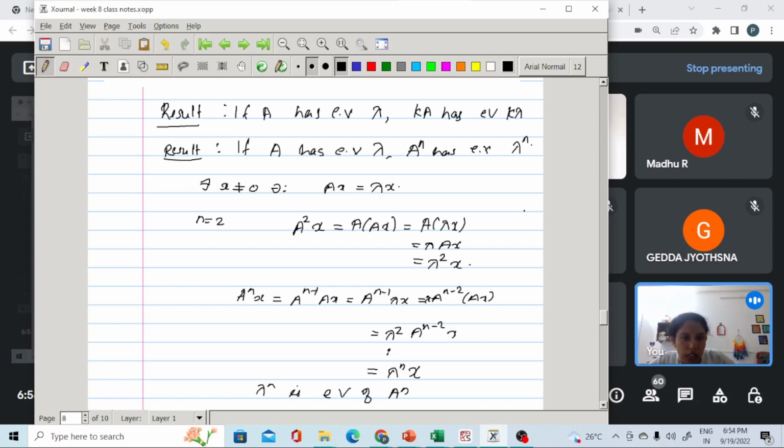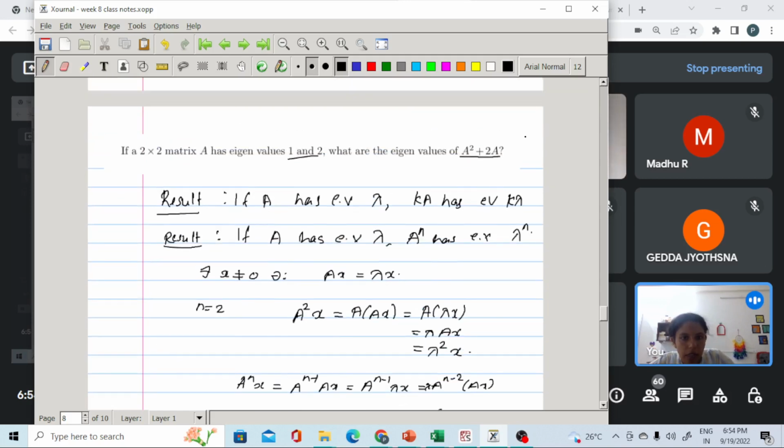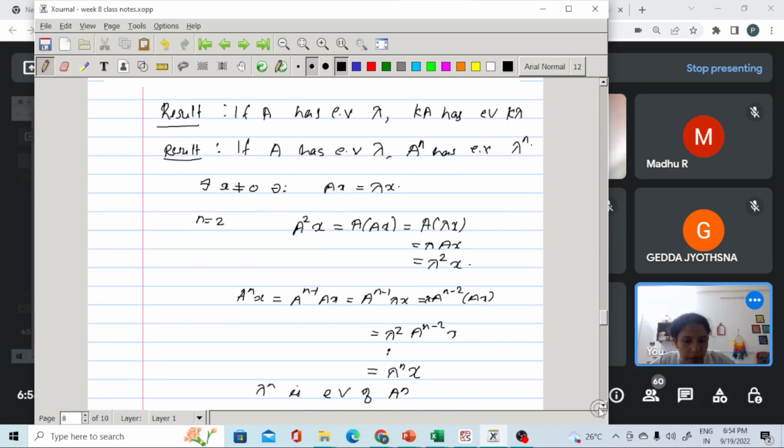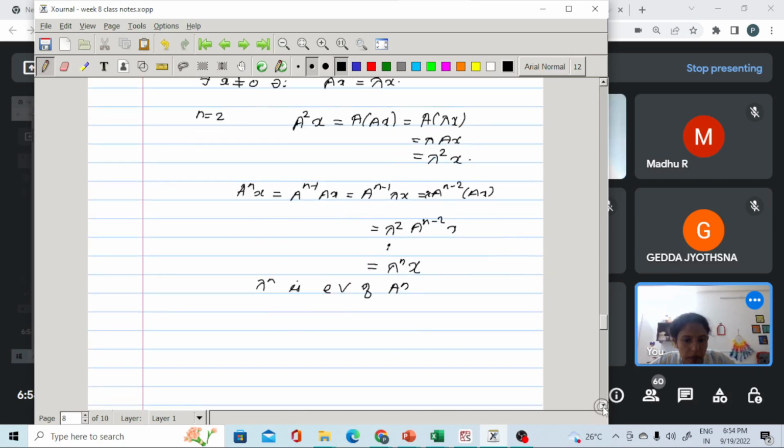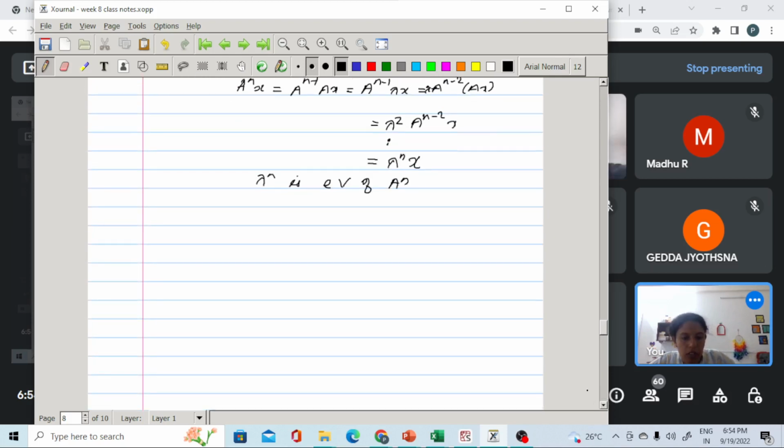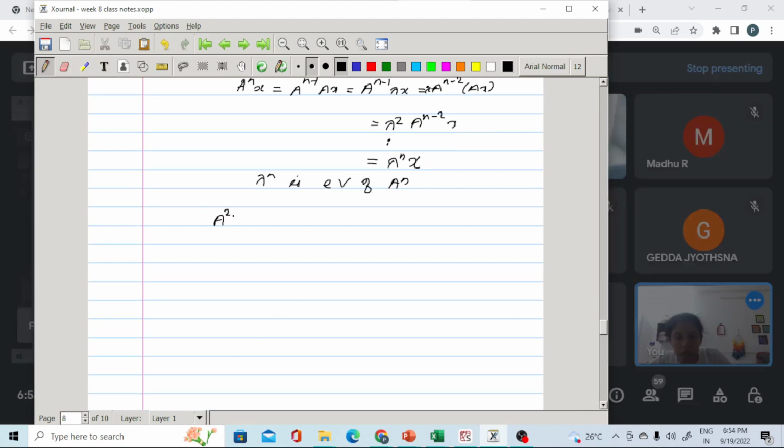So, in the question, we need to find the eigenvalues of A square plus 2A. For A square, we have lambda square as eigenvalue. For 2A, we have 2 lambda as eigenvalue. So we can easily guess lambda square plus 2 lambda will be an eigenvalue for A square plus 2A.